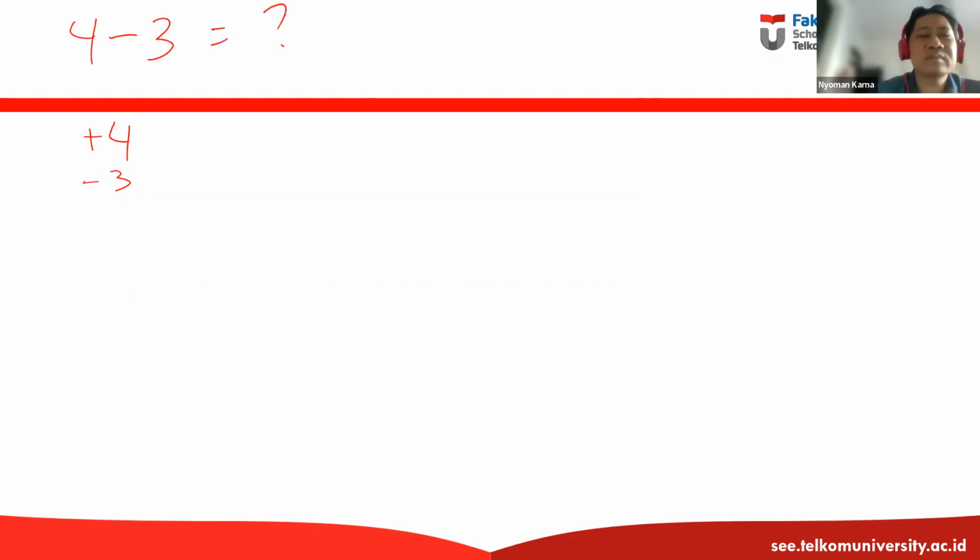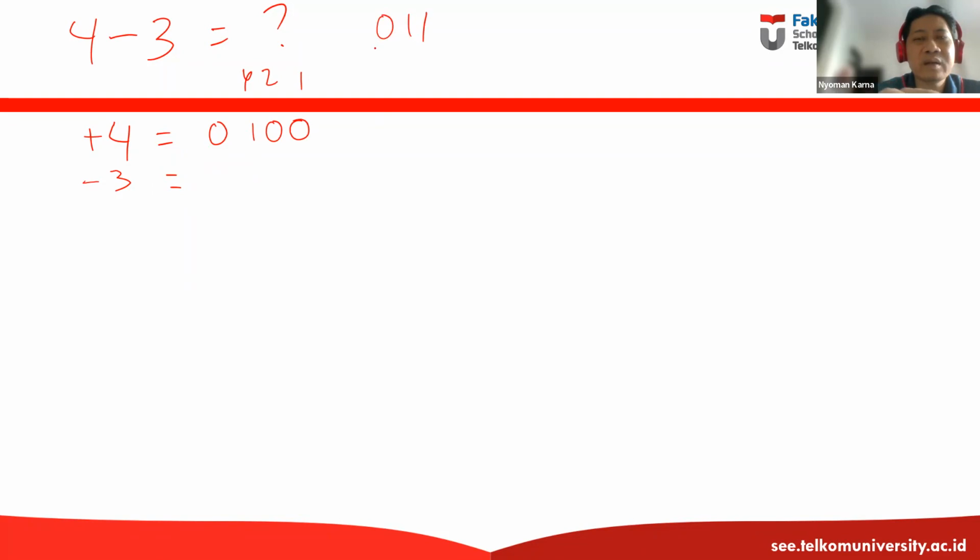What is the result? So in 1's complement, the sign bit is 0, of course, and 4 is 1, 0, 0. This is 1, 2, 4. And then negative 3: 3 is 0, 1, 1, remember?